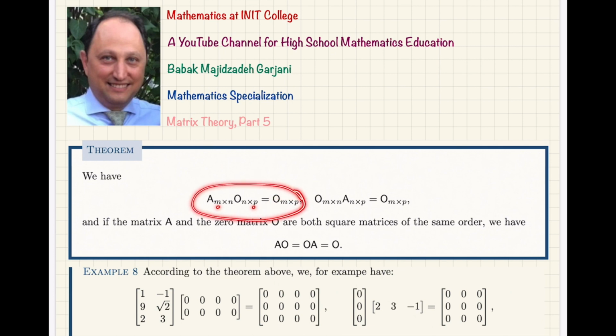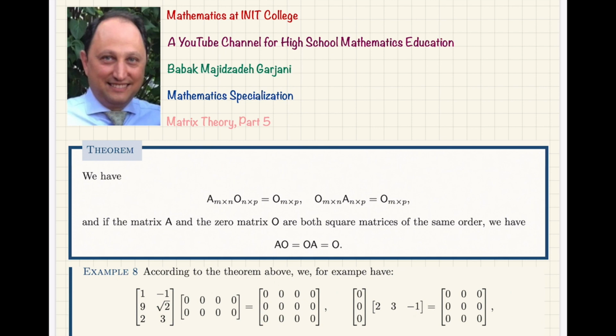So it's important to pay close attention to it. But you say that if matrix A and the zero matrix are multiplicable, if you can multiply them in any order that you can multiply them, the answer is the zero matrix. And of course, you need to also fine-tune the order of the zero matrix in the product.